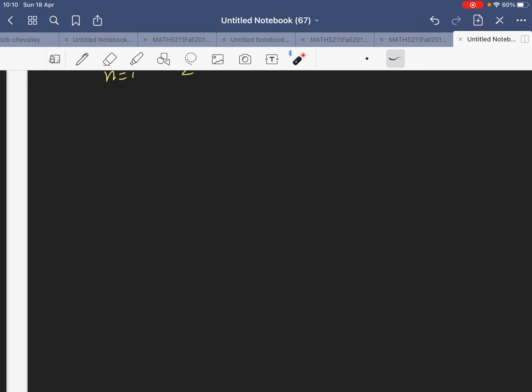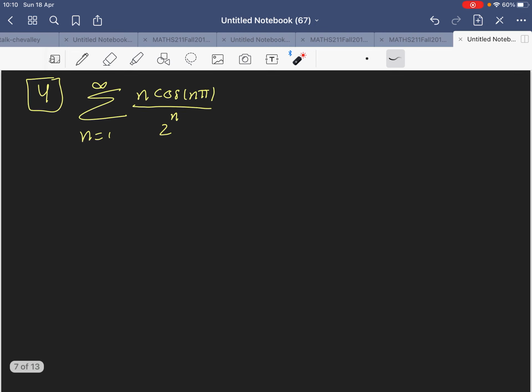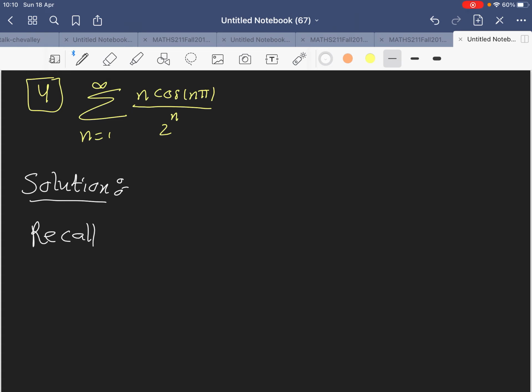Now, next one, I think we are familiar with the next one. We have seen it before. Is this alternating? Well, it doesn't look like alternating, but remember, cosine n pi is an alternating one. It is plus minus.